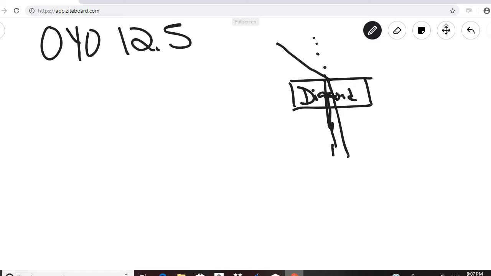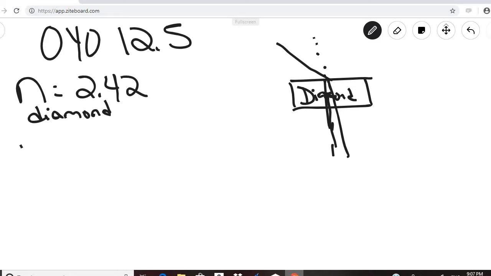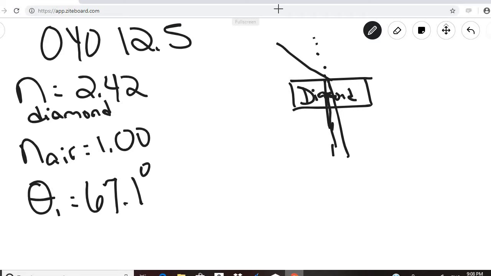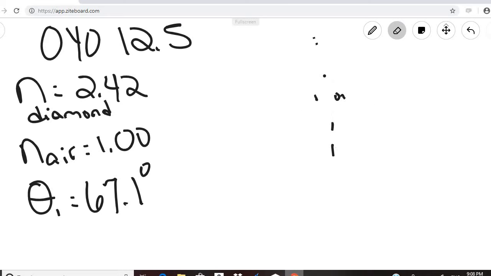What we are told is that n for diamond is 2.42. We know that n for air is equal to 1.00. And then we are told that the angle of incidence, angle 1, is 67.1 degrees.